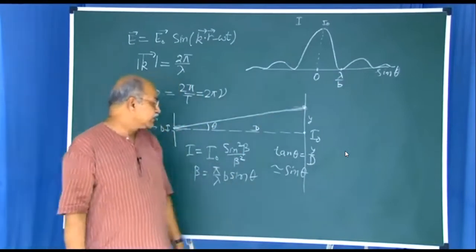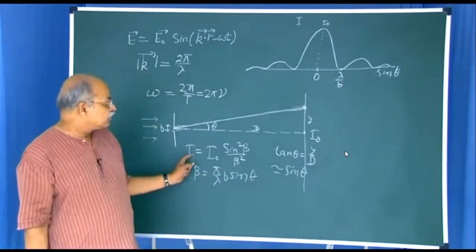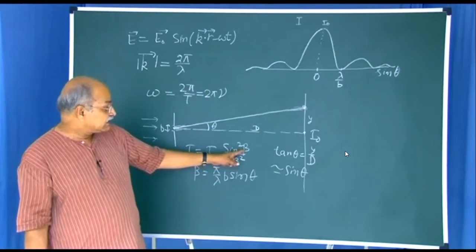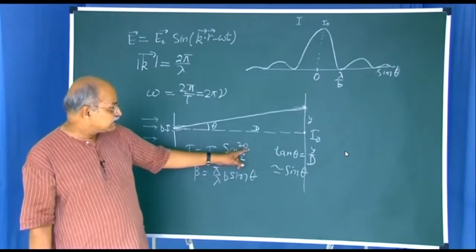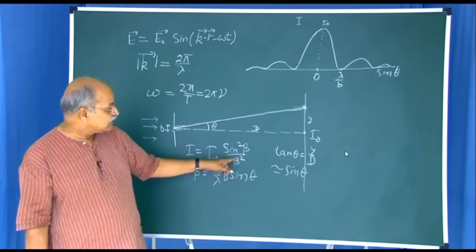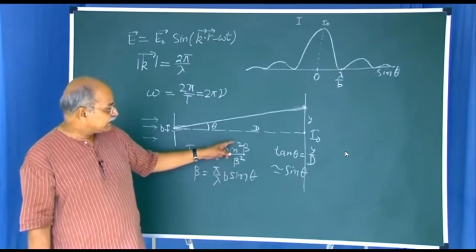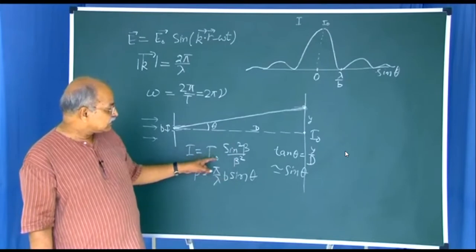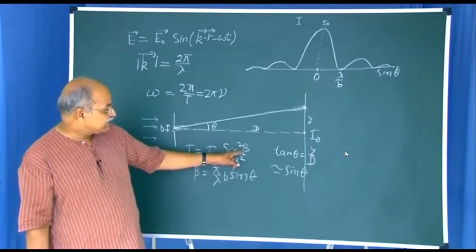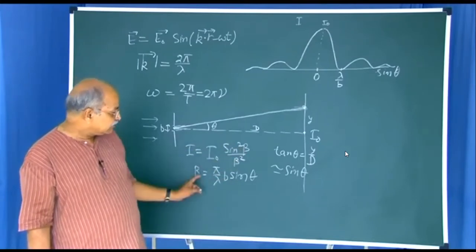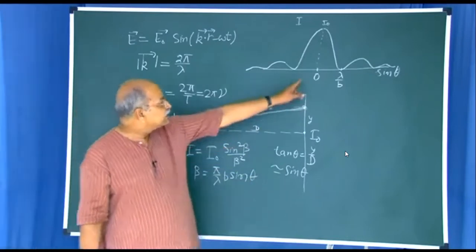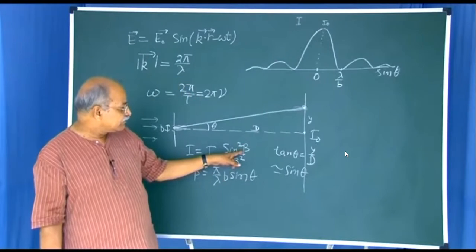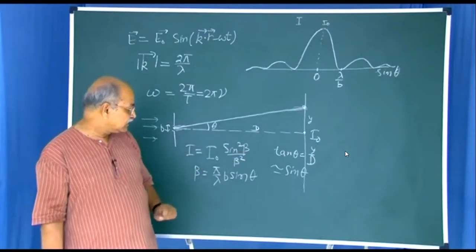The intensity is 0 here, and intensity is 0 when beta is pi. When beta is 0, sine beta is 0, but then here also you have 0, so this takes the form 0 by 0, and in the limit this will be 1. So I is equal to I naught when beta is 0, and beta is 0 when theta is 0. So here it is I naught, and then when beta is pi, sine of pi is 0.